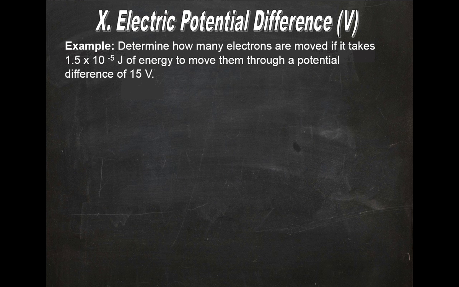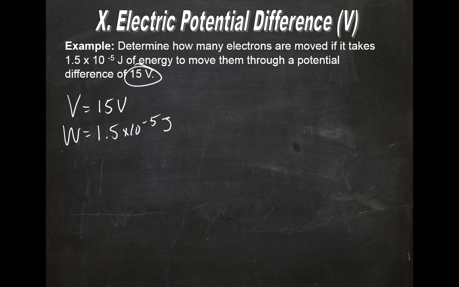Determine how many electrons are moved if it takes 1.5 times 10 to the negative 5 joules of energy to move them through a potential difference of 15 volts. So this one's got kind of two steps. First, we know the potential difference is 15 volts, and the amount of energy it takes to move those is 1.5 times 10 to the negative 5 joules.